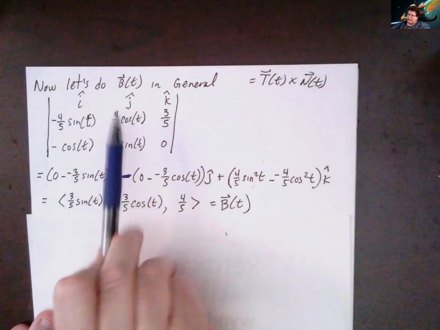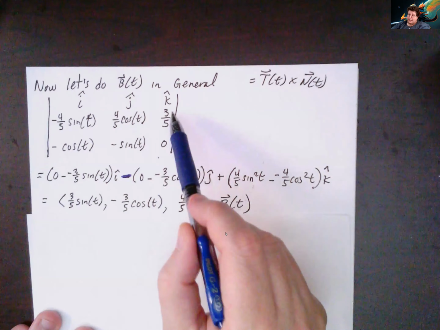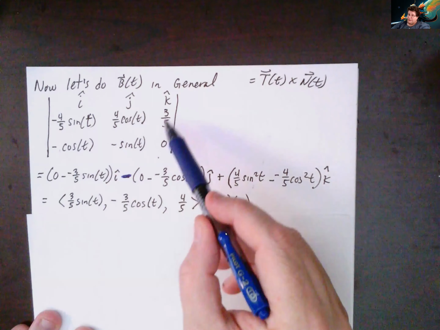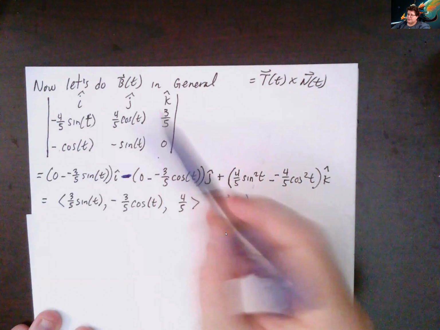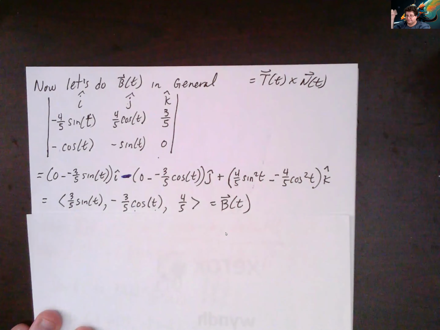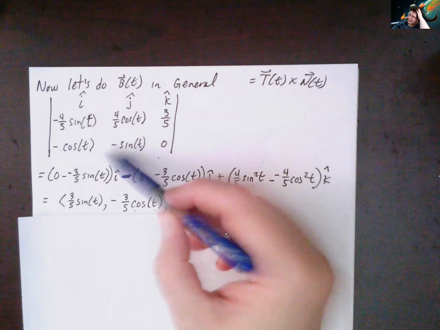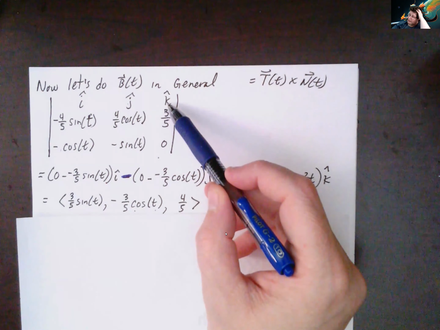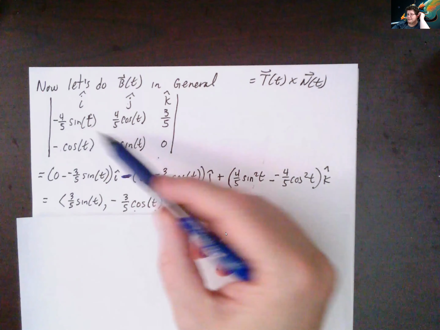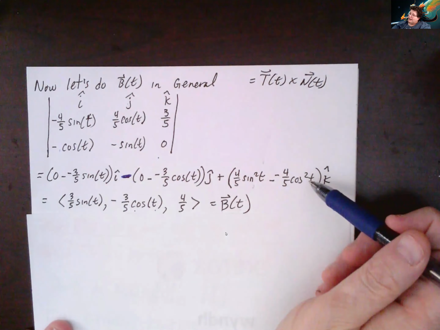We're doing the outside columns now. So 0 minus a negative is a positive 3/5 cosine t, and then the j component is negative. And when we do the first two columns for our k component, we have plus 4/5 sine squared t plus 4/5 cosine squared t.